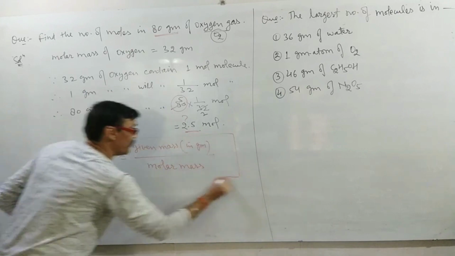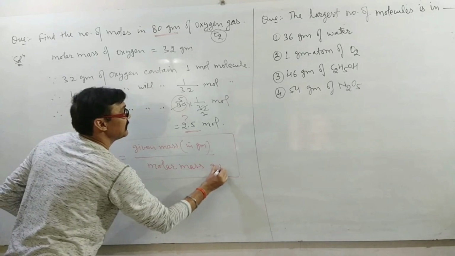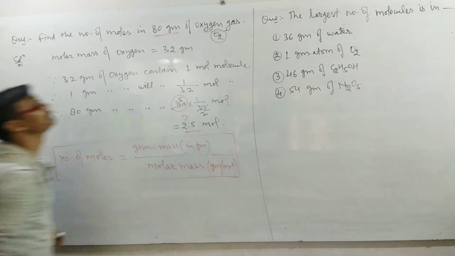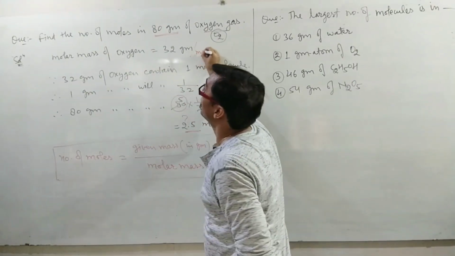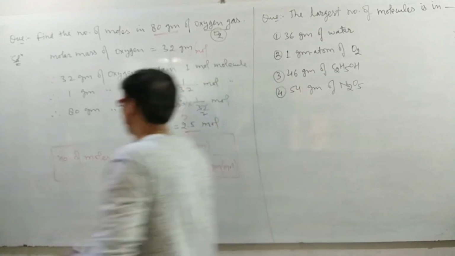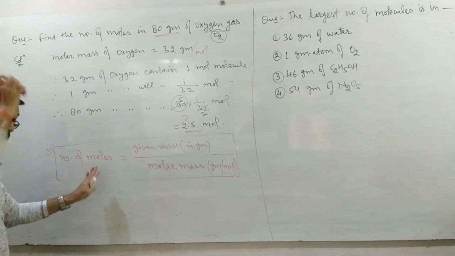You all know very well that the unit of molar mass is gram per mole. That is, molar mass of oxygen is 32 gram per mole. That is, mass of 1 mole is 32 gram. This formula now can be used to find the number of moles from the mass of any substance.